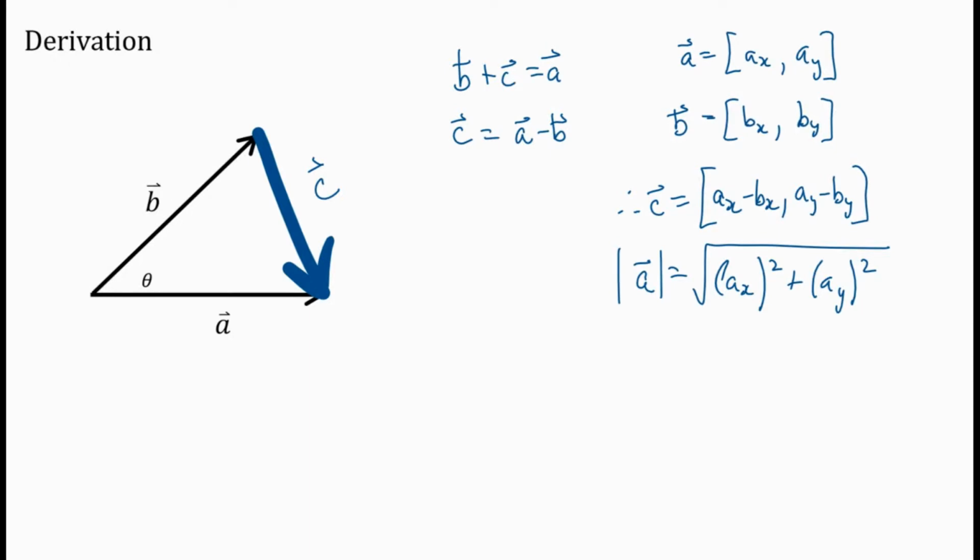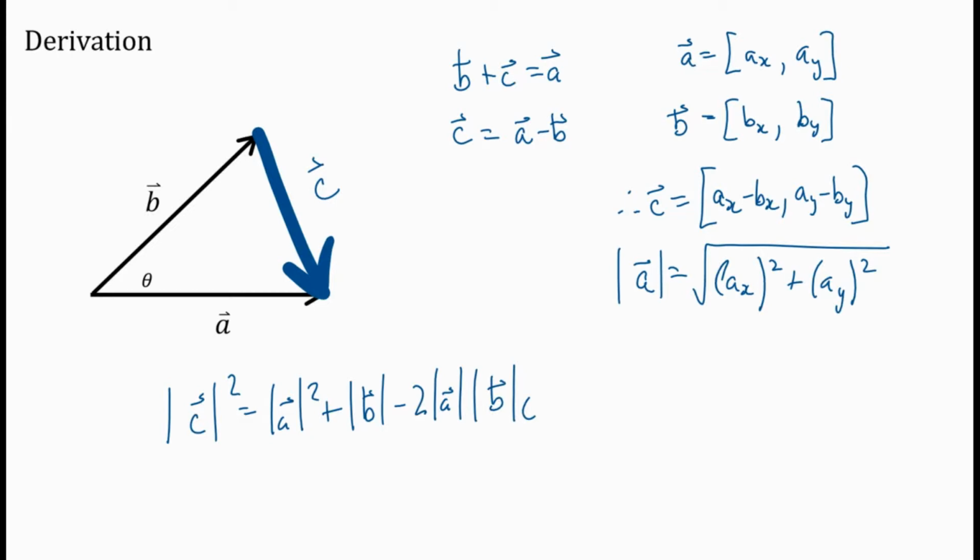Okay, now that's the setup. Now we get started, and I'm going to go all the way back again to grade 10 trigonometry and use the cosine law to define C in a different way. So I've got the magnitude of C squared is the magnitude of A squared plus the magnitude of B squared minus 2 times the magnitude of A times the magnitude of B times the cosine of the angle between them.